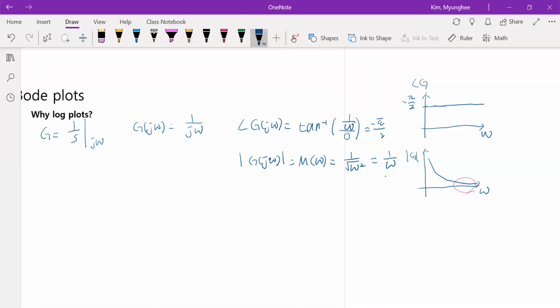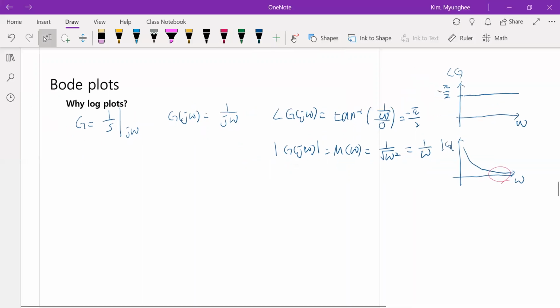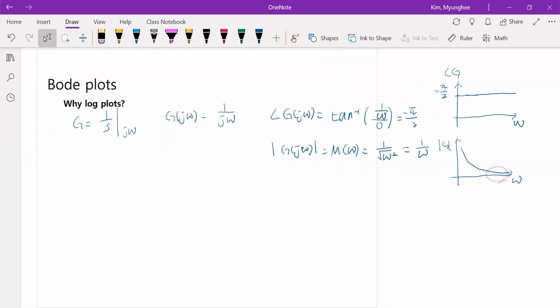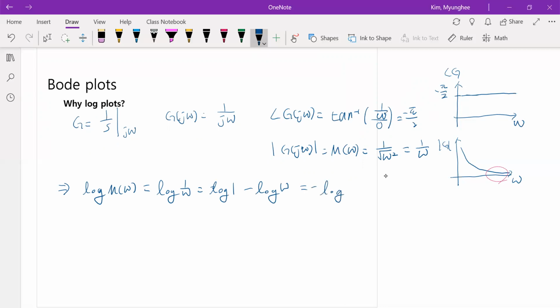So one solution for this is taking log. So now, if you take a log for this magnitude, it will be log 1/omega. Then it will be log 1 minus log omega, and becomes minus log omega.